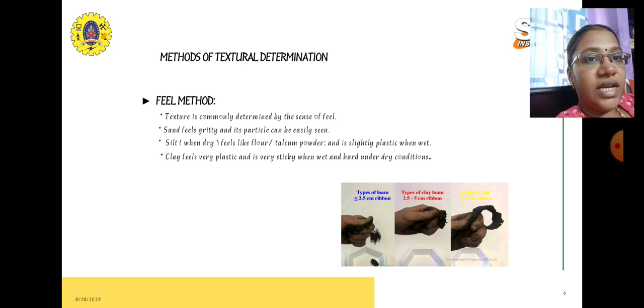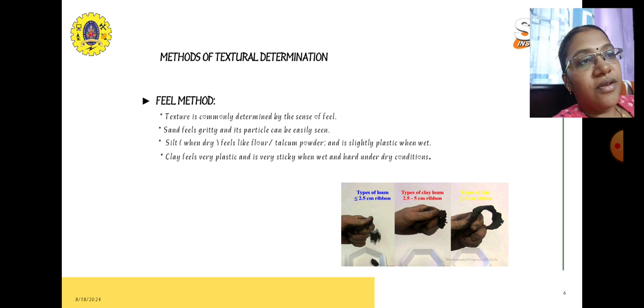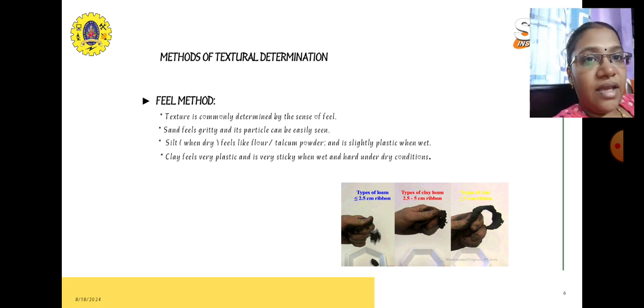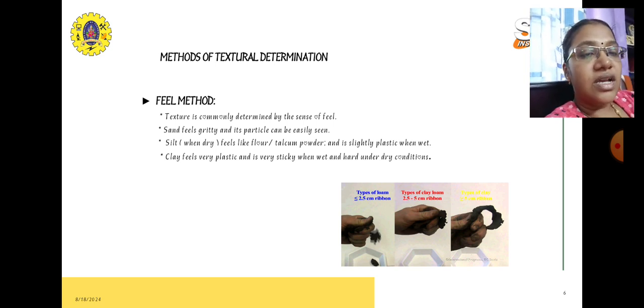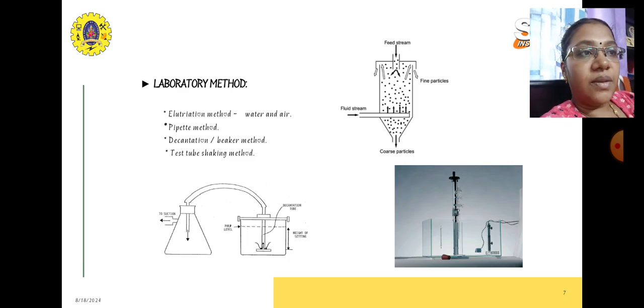Silt, when dry, feels like flour or talcum powder, and it is slightly plastic when wet. Clay feels very plastic and very sticky when wet, and hard when dry. So this is how the textures can be determined.